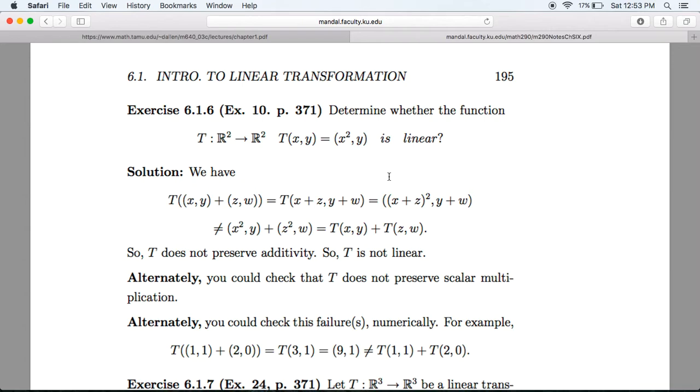And a trick to quickly detect whether some transformation is linear or not is to check whether the exponents are necessarily 1.